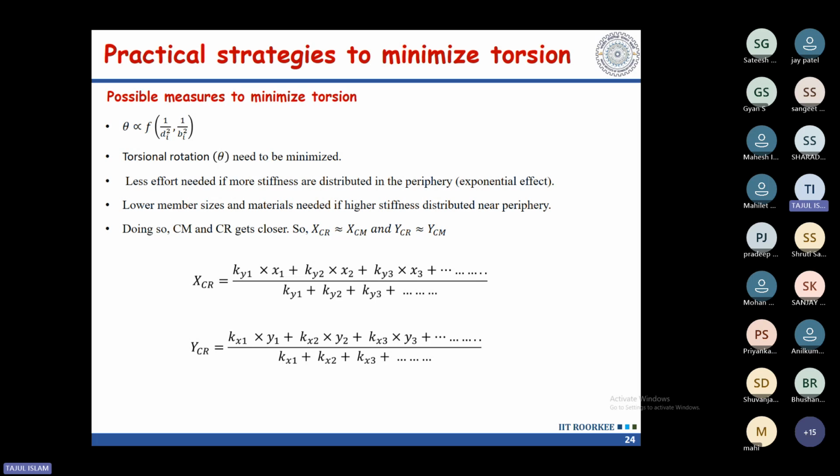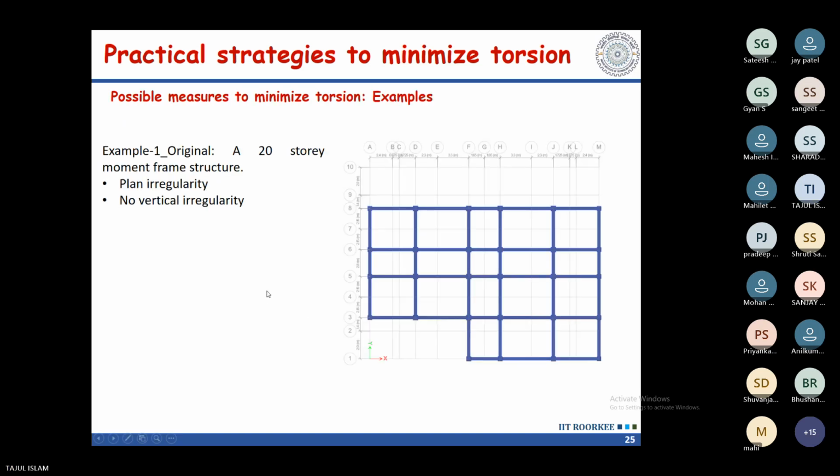If you are focusing on internal members, you have to do the iteration squared times compared to when you are concentrating on the peripheral members. So that is also a factor you have to understand. It is better to focus on the peripheral members, so you have to do fewer iterations. So this is our first example.